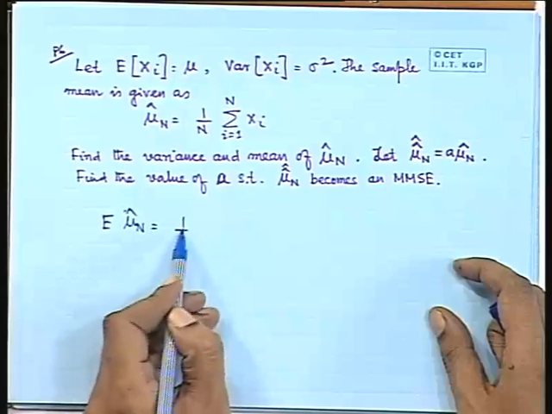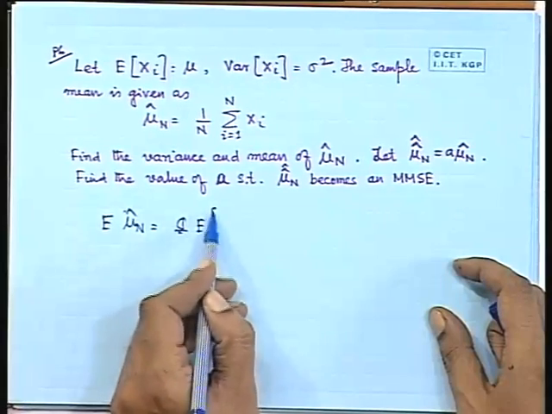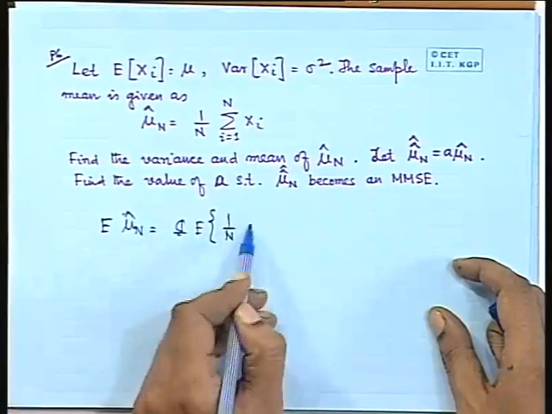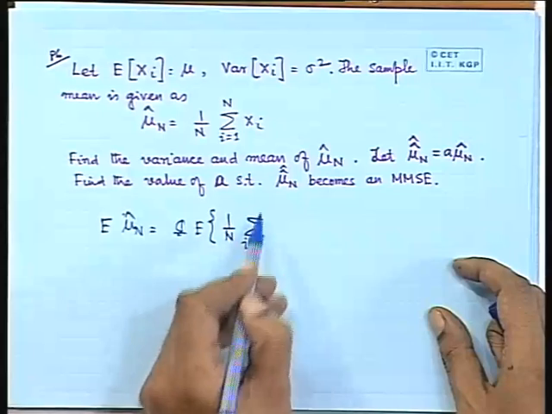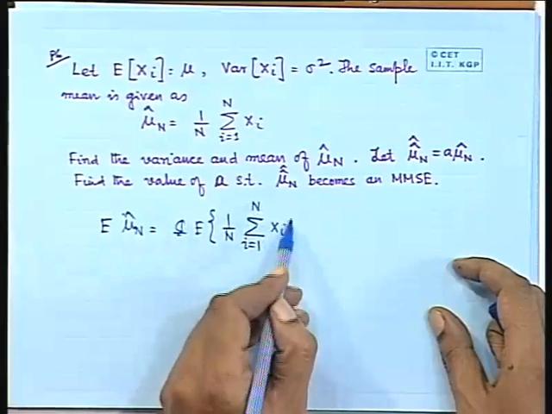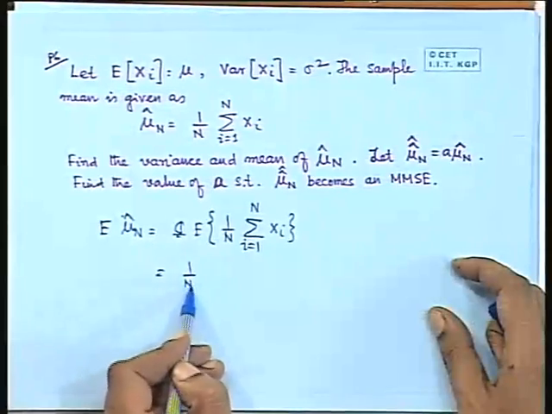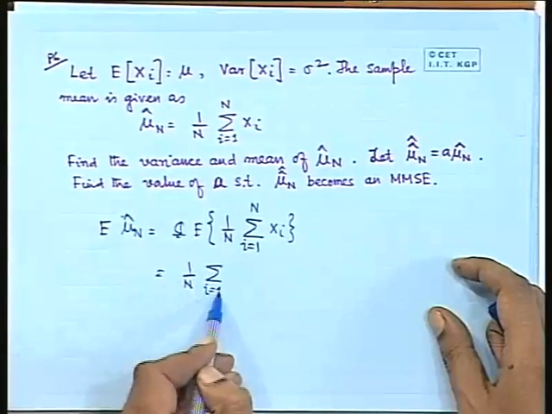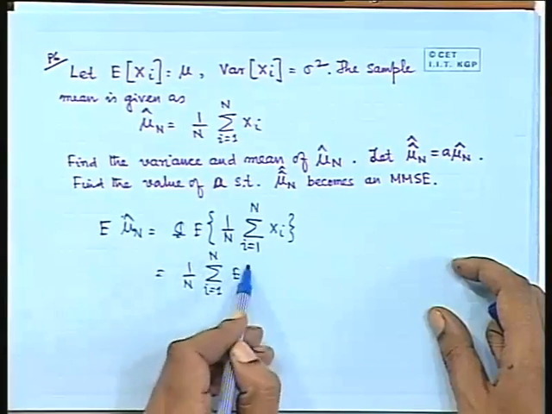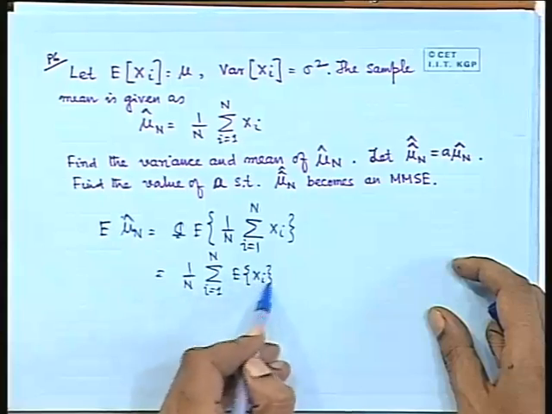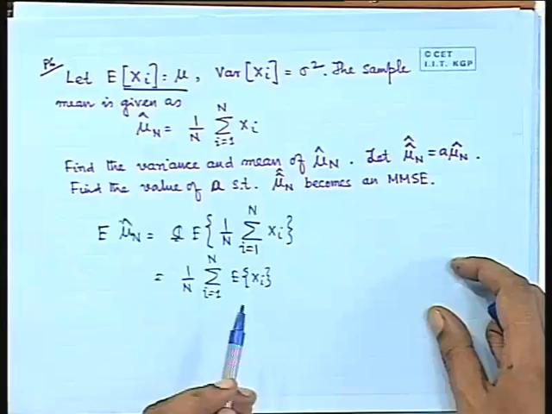It is nothing but the expectation of 1 by n, sigma i equal to 1 to n xi. This is a finite sum, so you can easily take the expectation inside, there is no question of limits not converging, etc. So it is 1 by n sigma i equal to 1 to n expectation of xi. Expectation of xi is already given as mu, so it is mu.